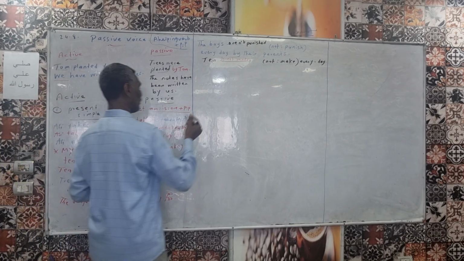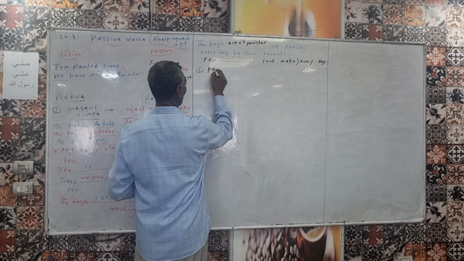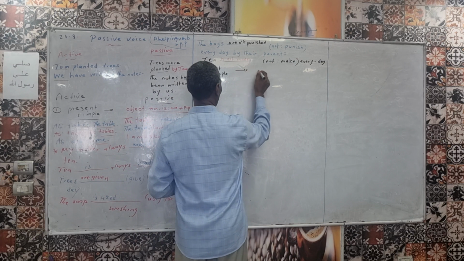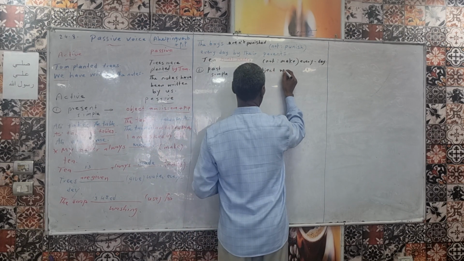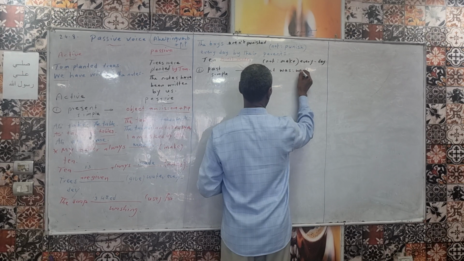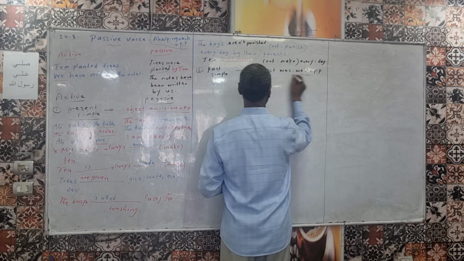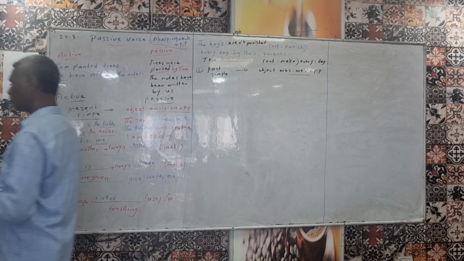Invited. نجي لاثنين. لو عندنا past simple tense، we begin with the object. Then we add the auxiliary was or were plus past participle. Why? Because the sentence is in the past.